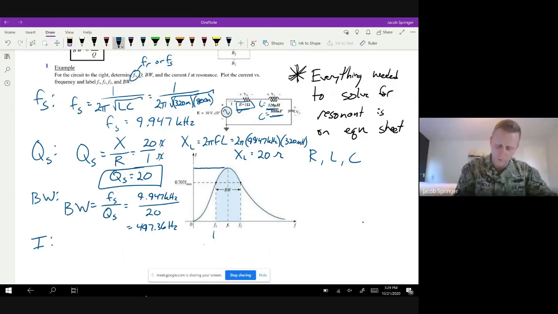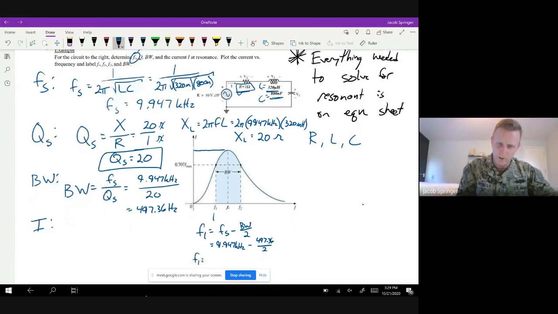If I'm looking at these cutoffs, I'll plot the current and label F1, F2, and FR. So right here, F1 is equal to the FS minus the bandwidth over 2. So 9.947 kilohertz minus 497.36 divided by 2, and it comes out to F1 equals 9.698 kilohertz.